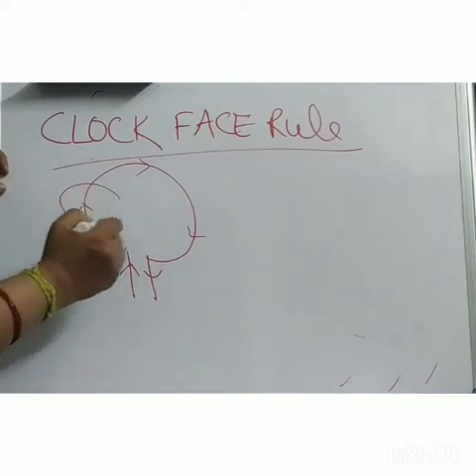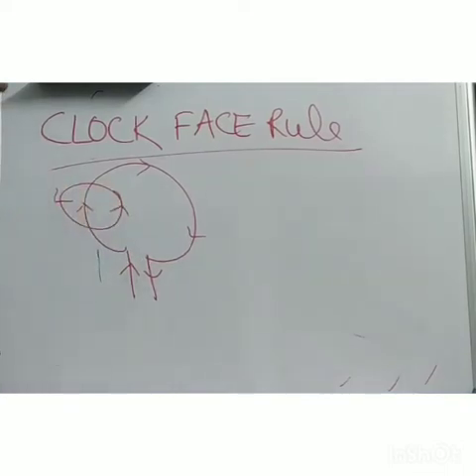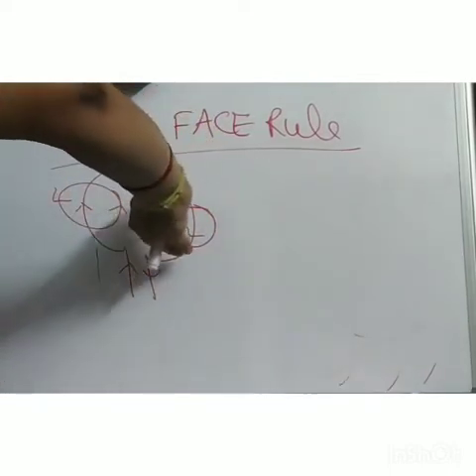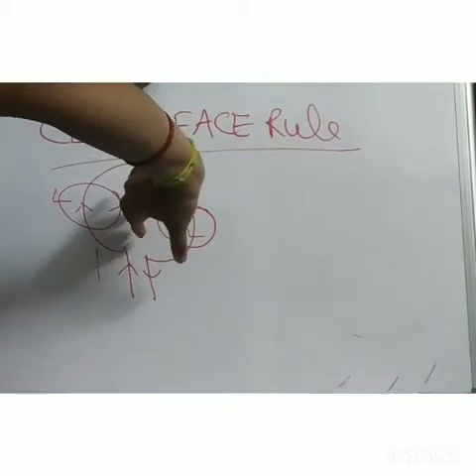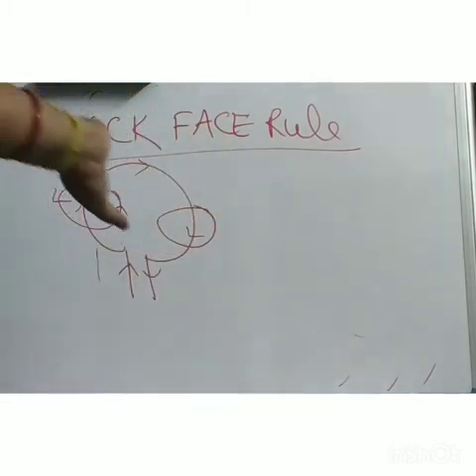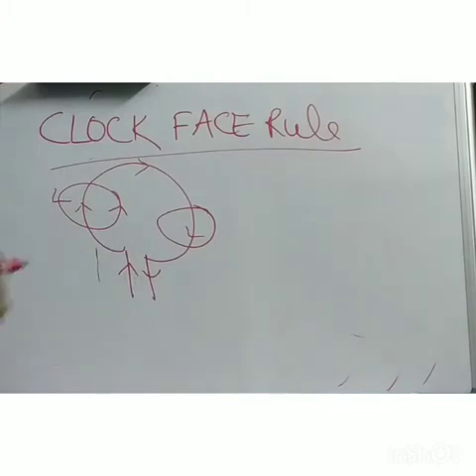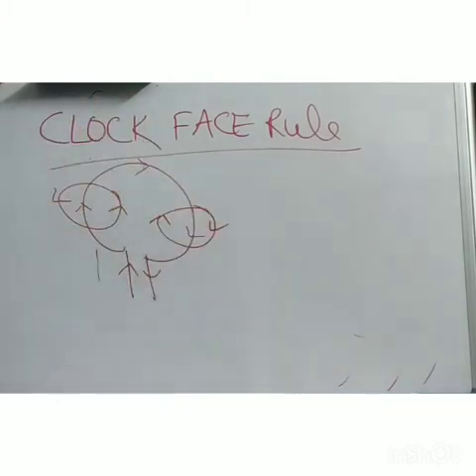So how do you draw this? It is going inside and it is coming out. Now at this point it is like this. The magnetic field will enter like this and come out like this. So what is your magnetic field direction? Entering inside and coming out.